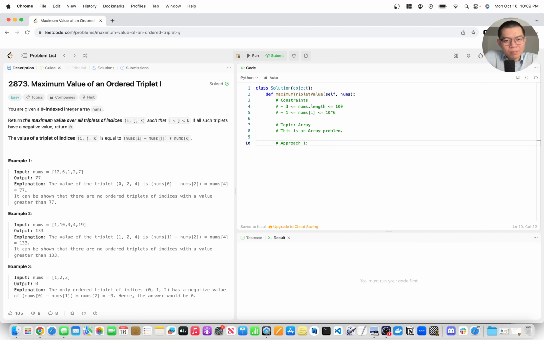length n minus 1. The third for loop goes from i plus 2 to length of n minus 2.